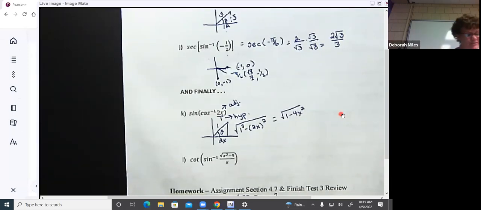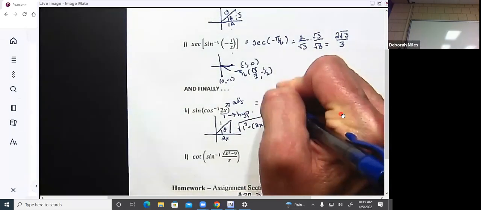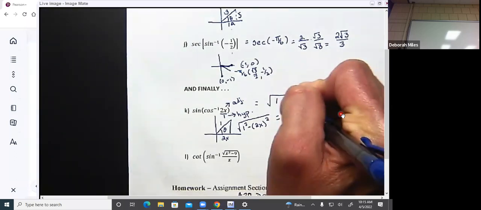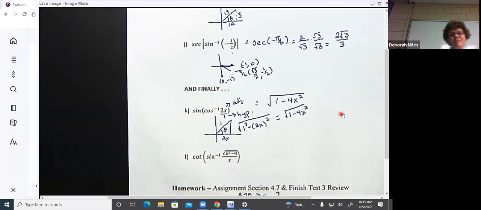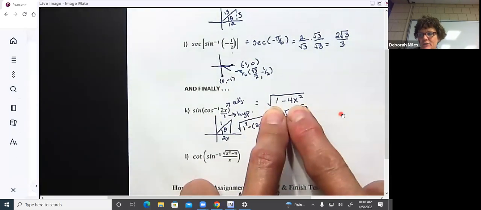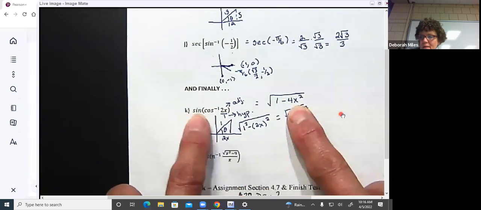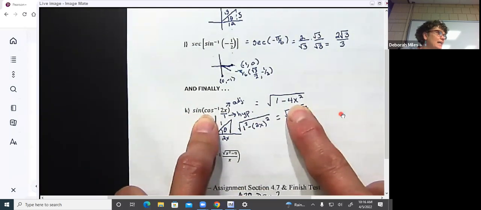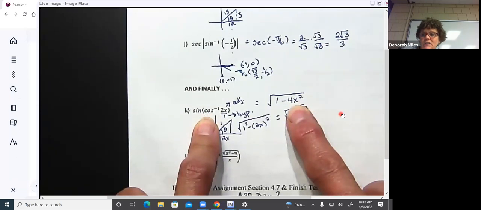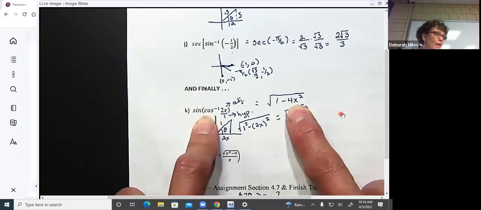I'm up here having massive chill bumps and y'all just aren't duly impressed with how magnificent it is that you can change sine of inverse cosine of 2x to an algebraic expression. Whatever find the derivative means, I can tell you it'll be easier to find the derivative of square root of 1 minus 4x squared than it would be to find the derivative of that. I guess you're just going to have calculus to know how helpful that would be.